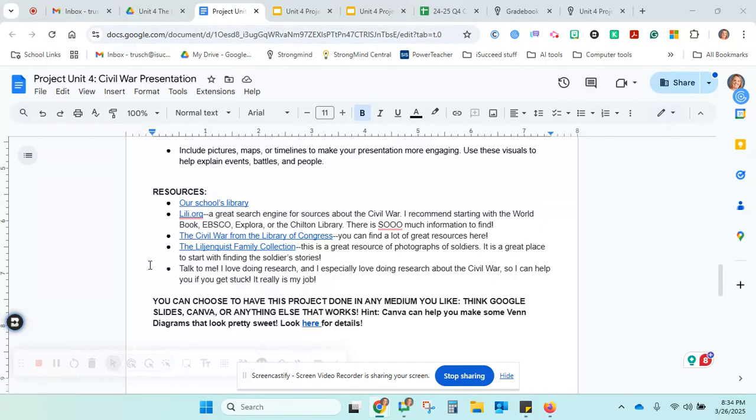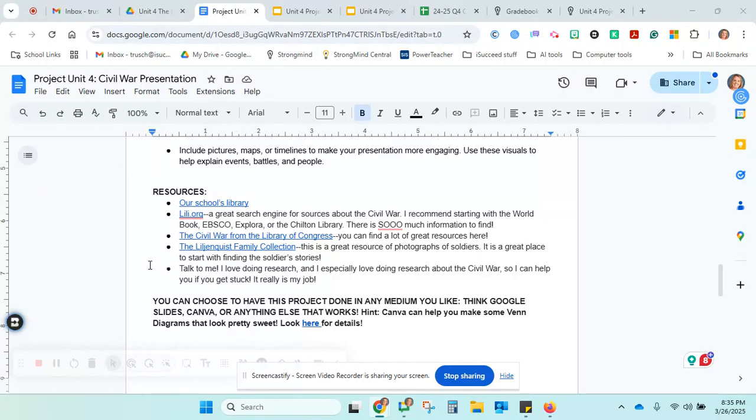Soldiers were able to have photographs taken of themselves, and they left them with their family because they weren't able to die the good death. The good death was to be around families and friends and to be with all of their loved ones. They died on the battlefield. And so there are millions of pictures of these soldiers, and there are stories of some of the soldiers as well.